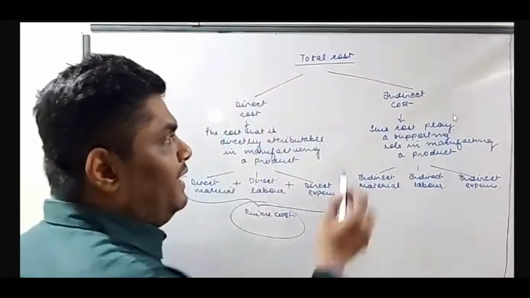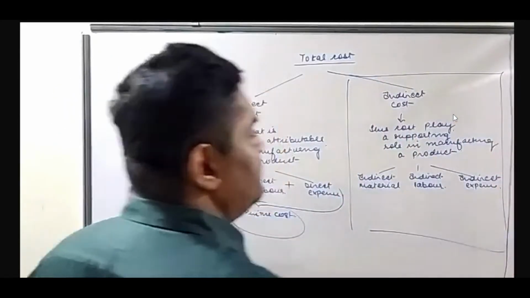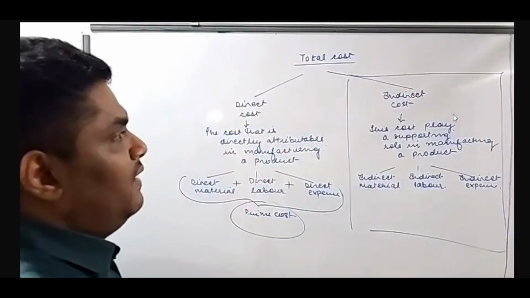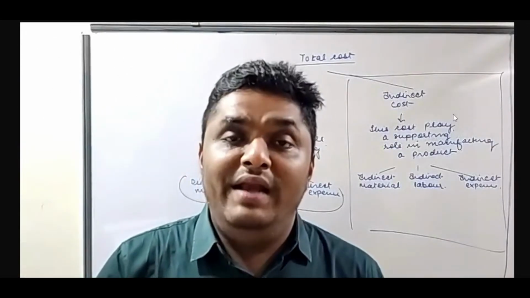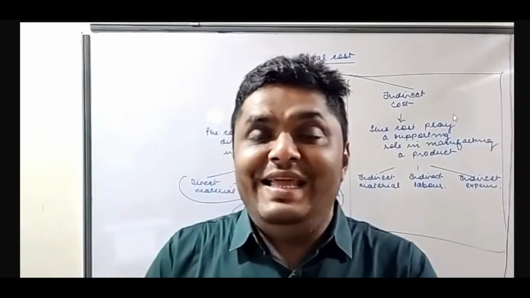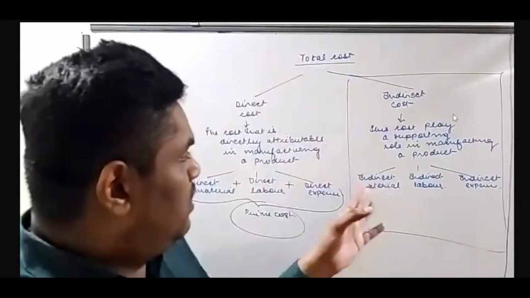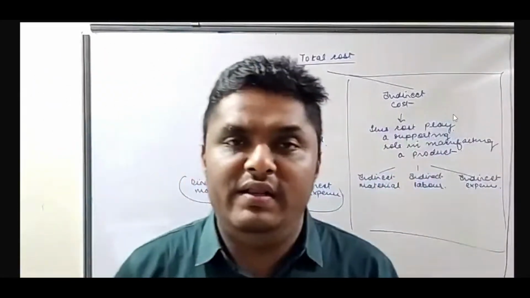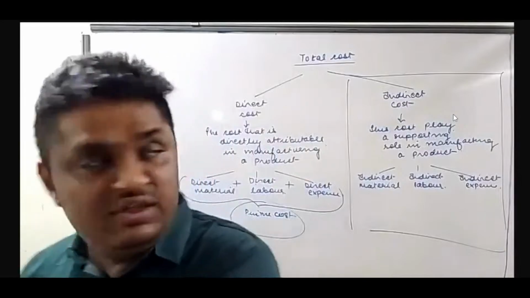When talking about indirect costs, we call them overheads. And these overheads are incurred at 3 stages, that is factory, administration, and selling and distribution. So I request you guys to please copy this explanation, then I'll write a few more points.